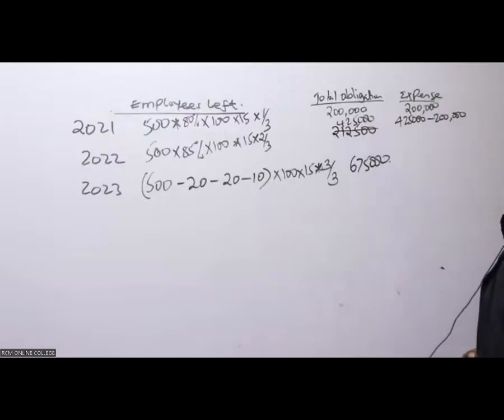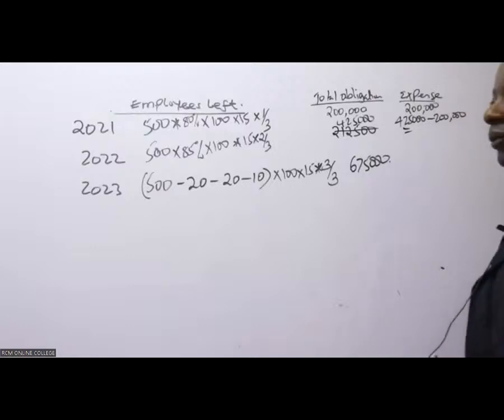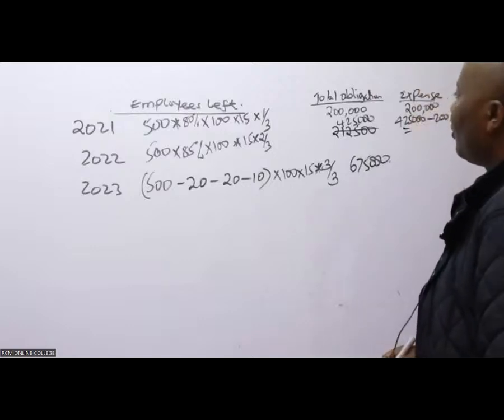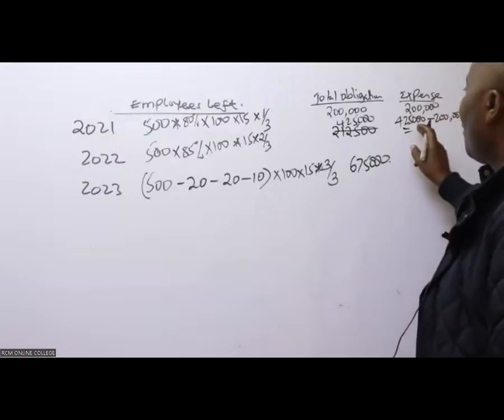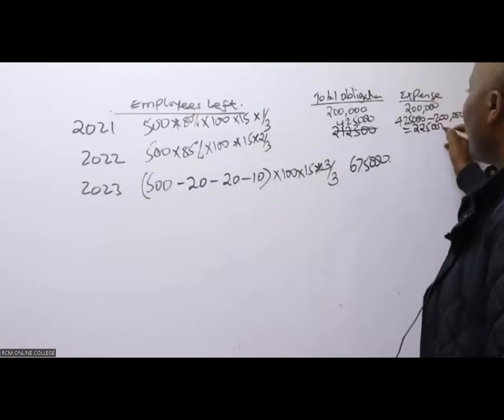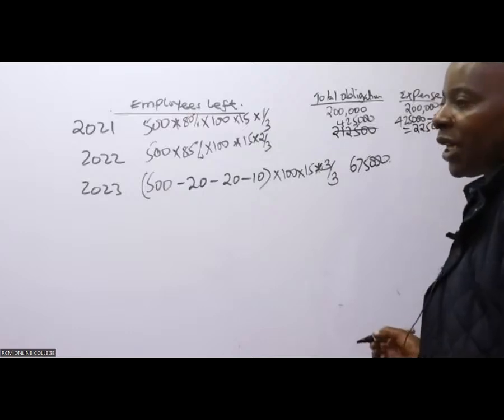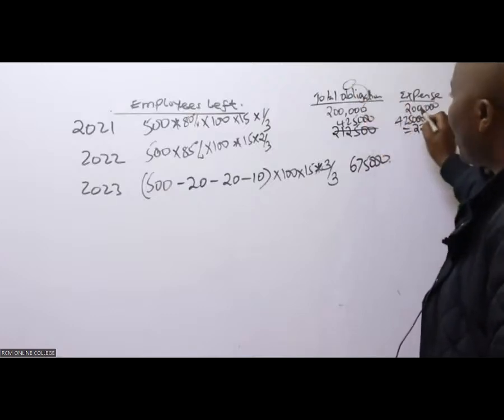You recognize the difference, which in this case, ladies and gentlemen, will be equal to who? Can somebody give me this figure? 425,000 minus 200,000, that is 225,000. So remember, we're basically beginning from zero. The first year you recognize 200,000.